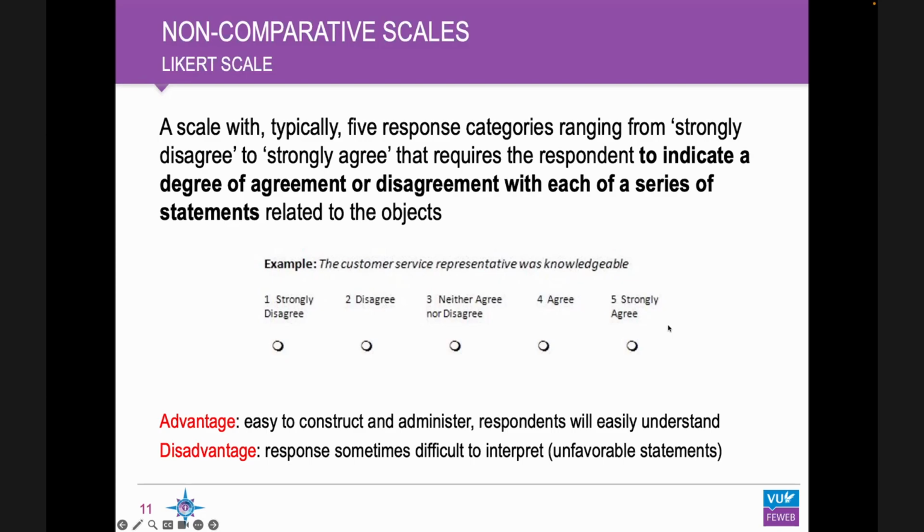Yeah, interval, ordinal, interval. Yeah, this one is a bit more tricky. So I get the answers of interval and ordinal.